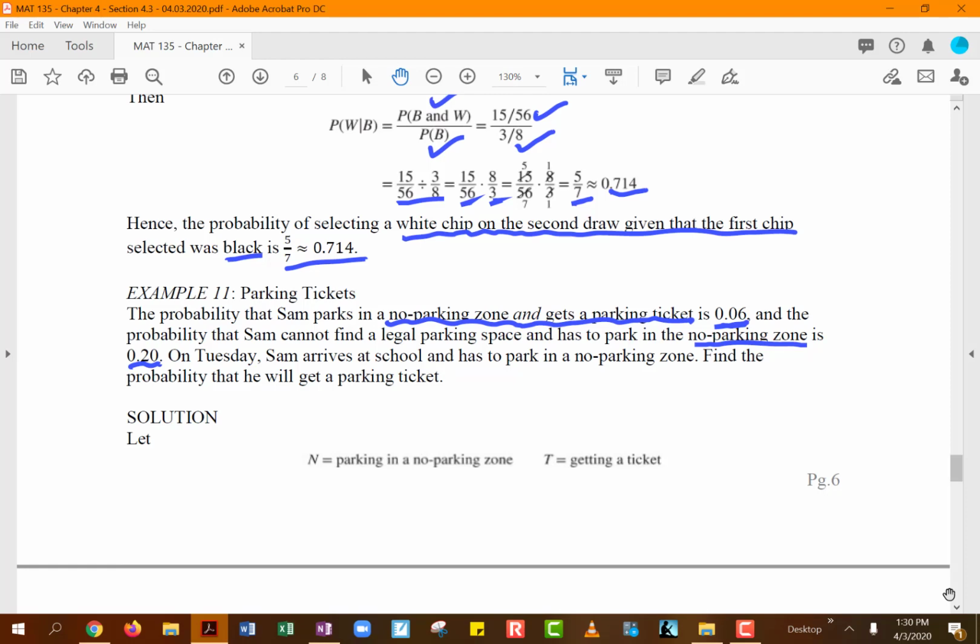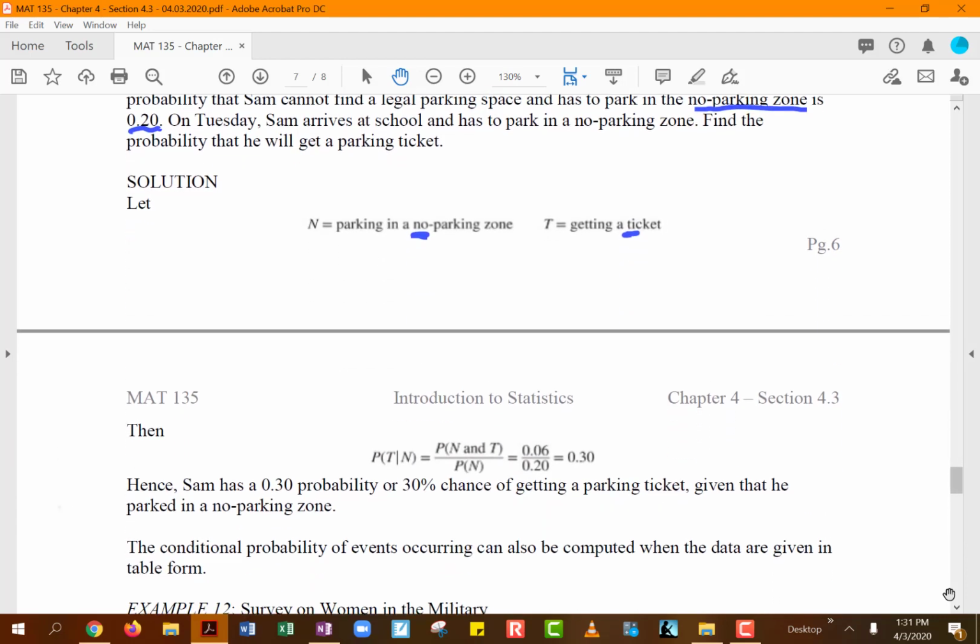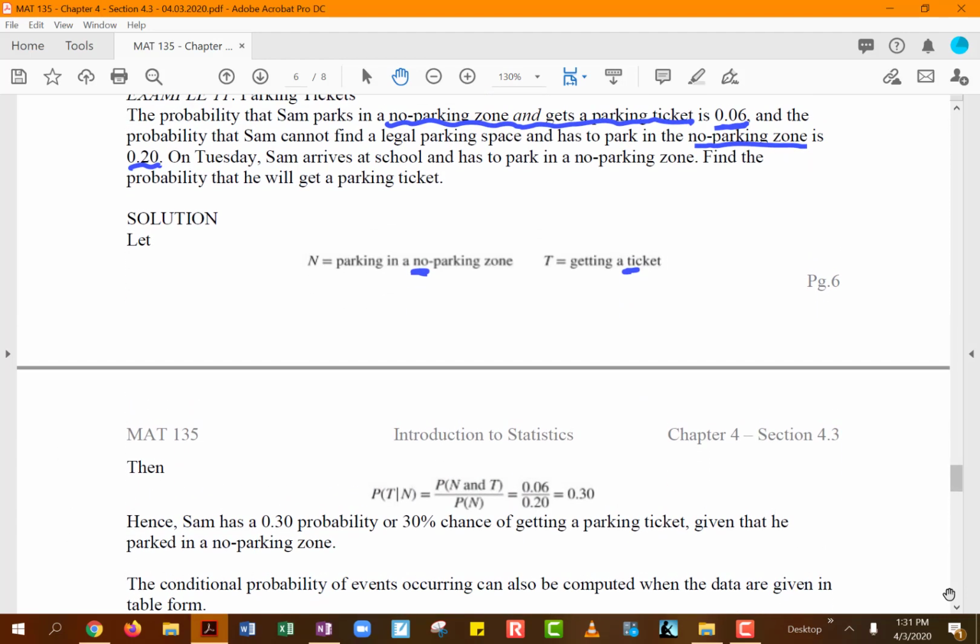Okay, so they're saying let N represent that he ends up parking in a no parking zone, and let T represent that he's basically getting a ticket. Okay, so the probability that he parks in a no parking zone and gets a ticket, they're telling us, is 0.06. The probability that he ends up parking in a no parking zone is 0.20, which is also given to us.